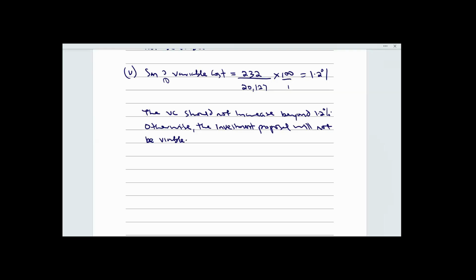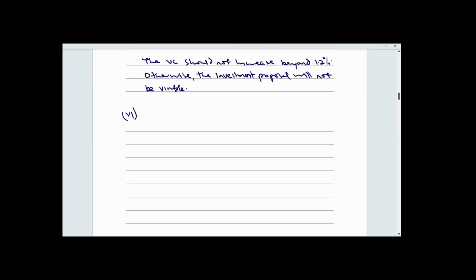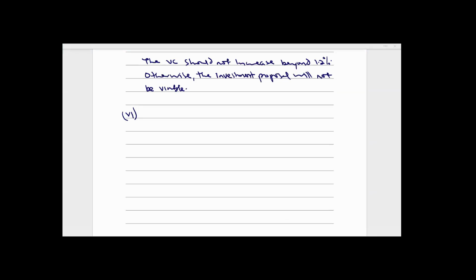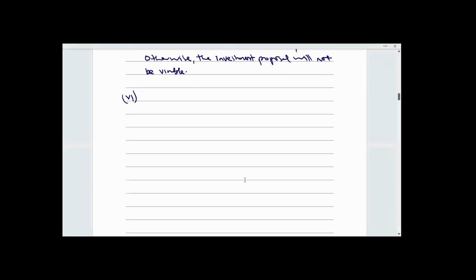That's that. Then number 6. The 6th variable, according to the question, is product life. Okay? Product life. Sensitivity margin of product life.